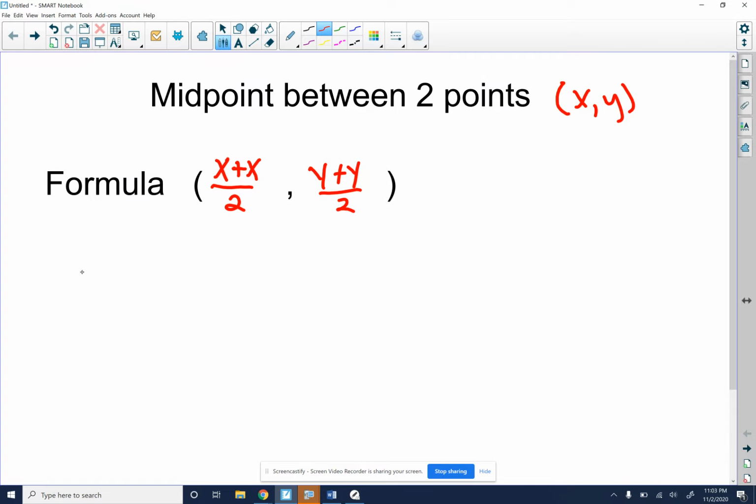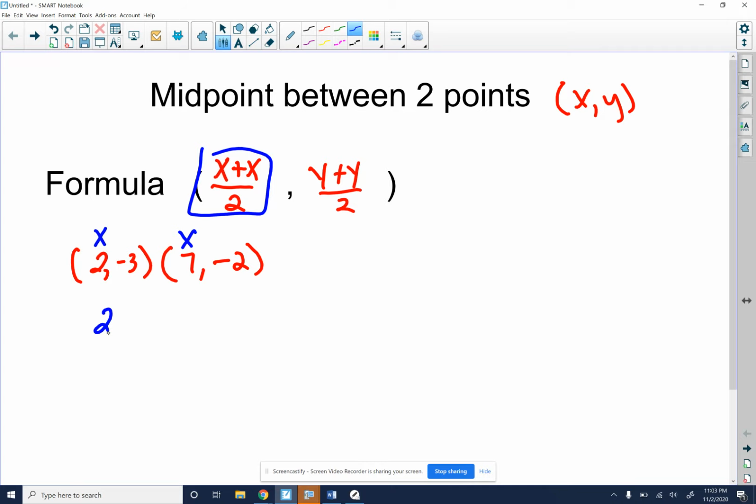So here's our example using that same formula up at the top. Let's say they ask you to find the midpoint between the points 2, 3, and let's say 7, -2. All right, so you just look and find your x coordinates. I follow my little formula up here, using the x's first.